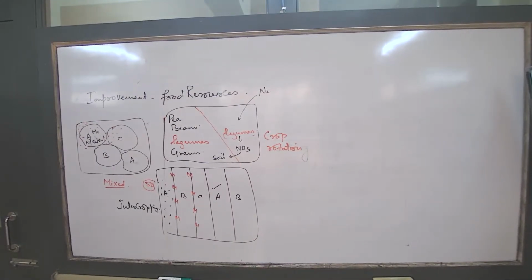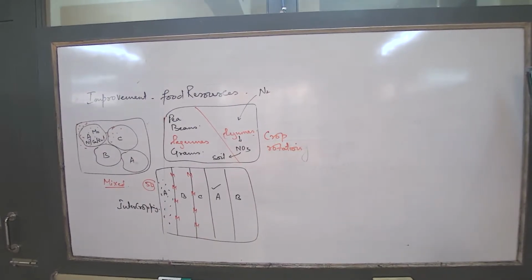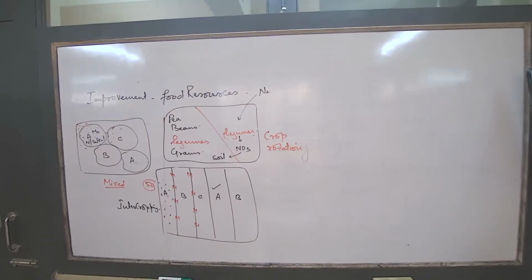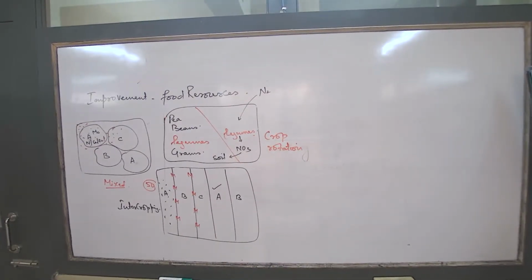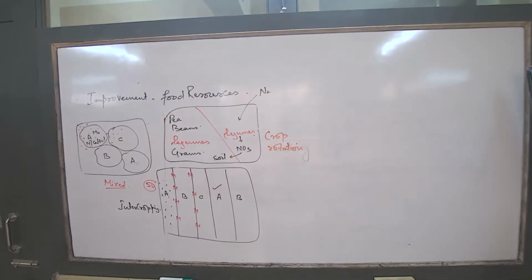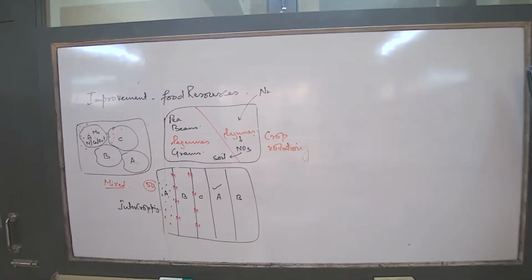Then preventive and control measures. What are some of the preventive and control measures? Preventive and control measures for what? For the protection. See point number 2. Preventive and control measures are used before grains are stored for future use. Again, I have grown a gram plant and I get a large number of seeds. I want to grow plants next year also.